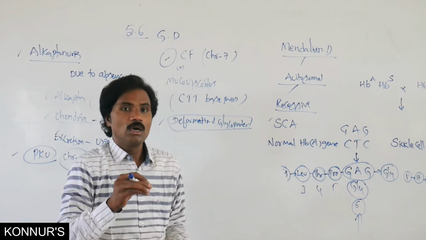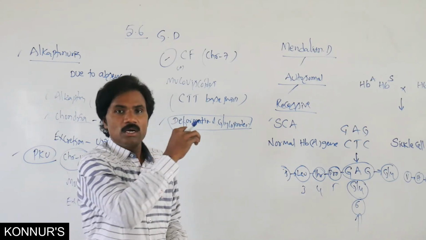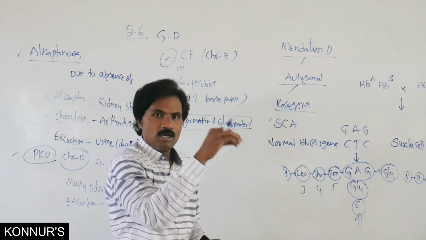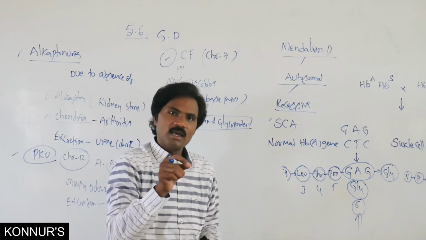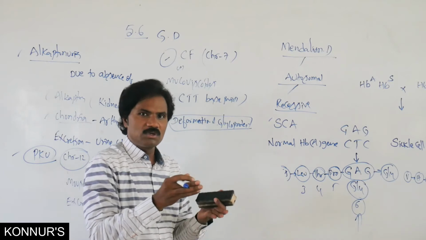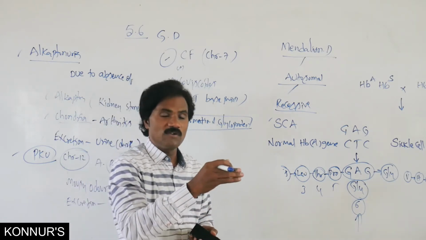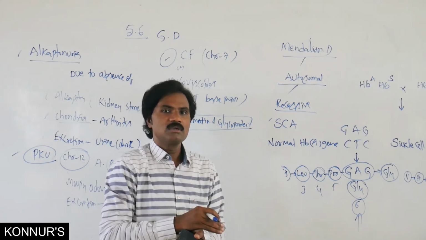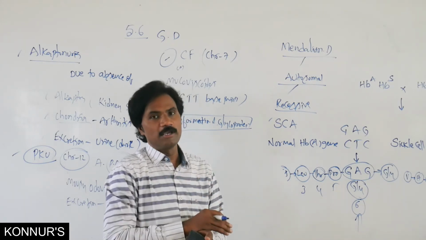That is important. The defective gene of chromosome 7 affects both respiratory and gastrointestinal tract. In the respiratory tract, mucus is deposited because of failure of chloride transportation, that means excessive elimination from our body.